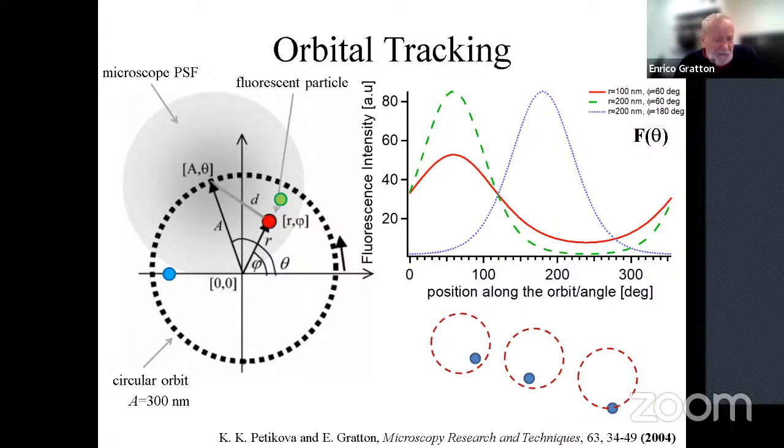And if the particle has a different phase, for example, close to the orbit, you will get a larger signal. And if the particle is in a different position, the phase will change and the amplitude will be whatever it is. So that represents essentially the origin of this kind of technique.